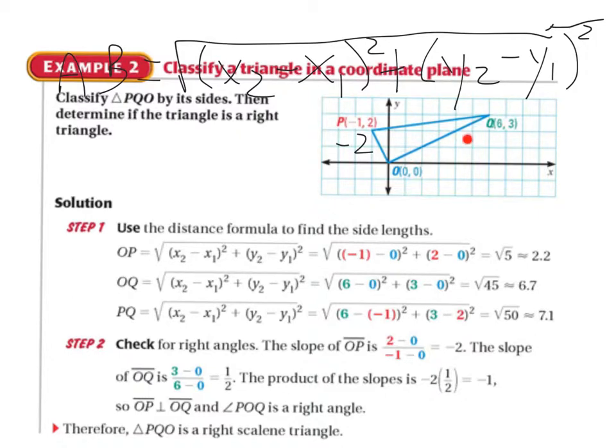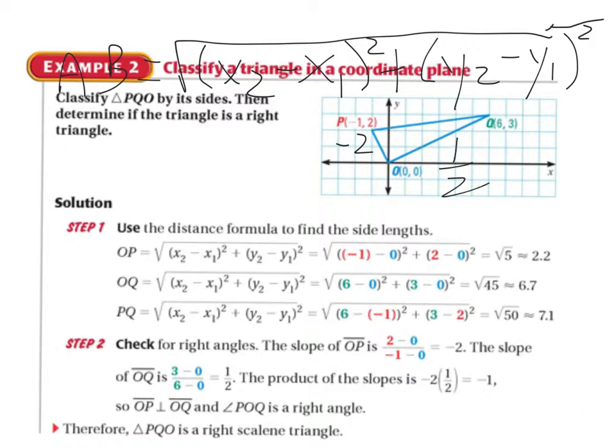Then we can come back to our other side here. This is our OQ. And we have, plugging again into the slope, 3 minus 0 and 6 minus 0. So that ends up 3 over 6, and we can reduce that to 1/2. So let's go ahead and write in our 1/2.